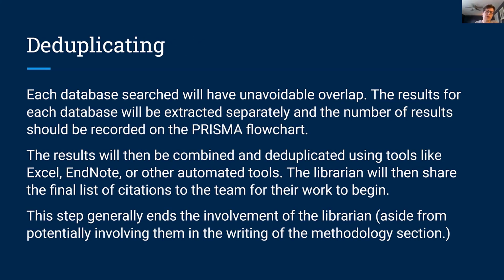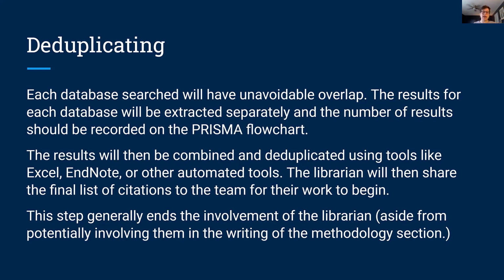The first step, which generally the librarian will do, is to deduplicate the articles. Each database is going to have some overlap because they can contain similar articles or the same journals. Each one will be extracted separately, and we will record the number of articles from each of the databases.